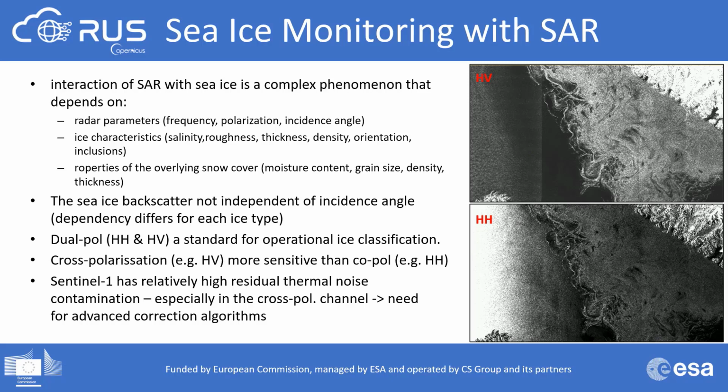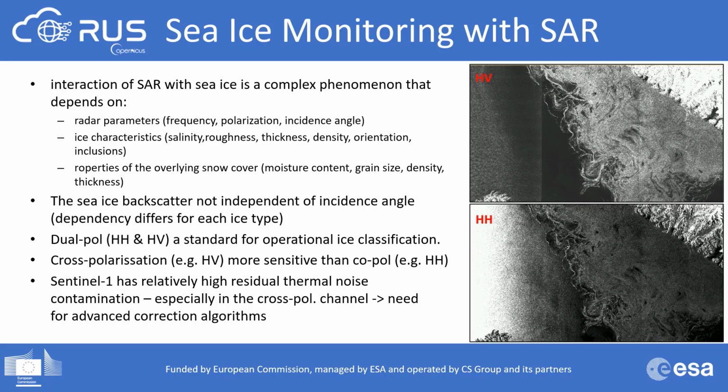And those can be, for example, moisture content, grain size, density, or the thickness of the layer. While SAR data constitute one of the most used sources for sea ice monitoring, it is very much reliant on human experts for classification. However, a growing number of studies are developing models for automated classification of sea ice types and other variables from SAR.